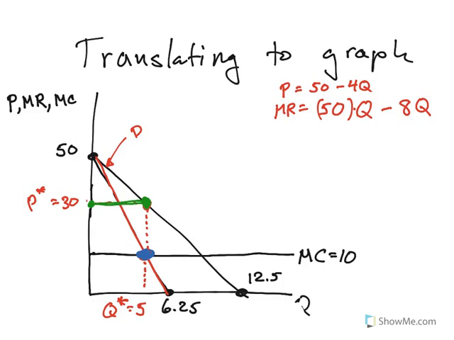Now, associated with this are going to be two things that I'm going to leave to you to calculate on your own. One is the consumer surplus associated with this monopoly pricing, which is going to be equal to this triangle.